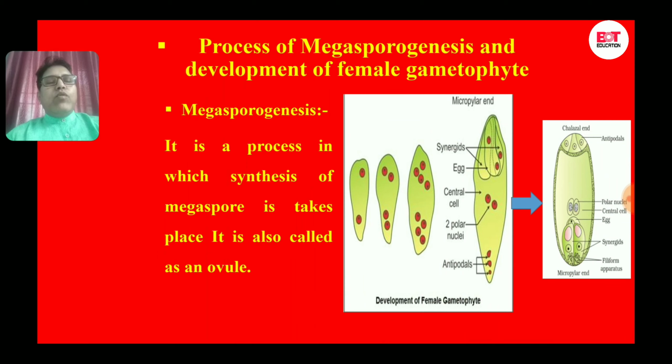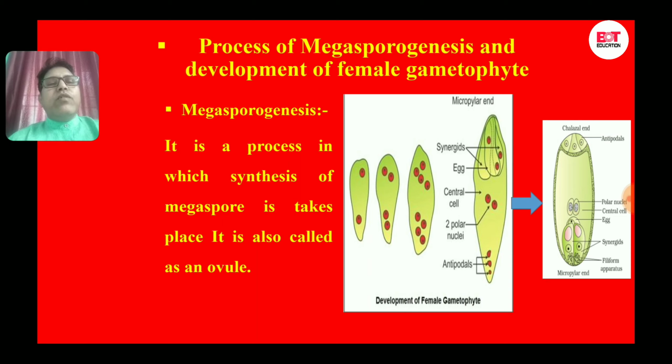There is the process of megasporogenesis, which is the development of the female gametophyte. So what is meant by megasporogenesis? Megasporogenesis is simply the process in which the megaspore, that is the female gametophyte, develops. So how is it developed?